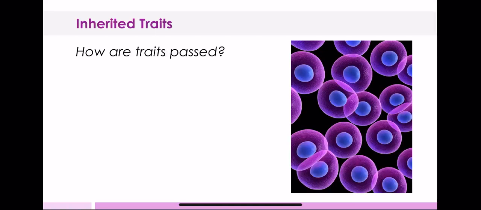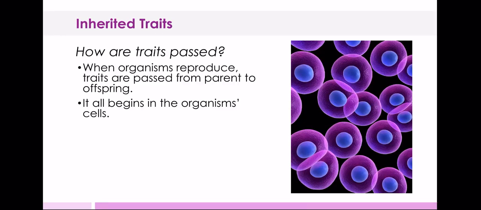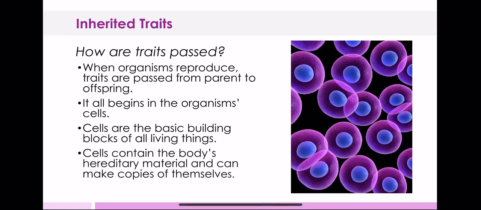All right, so how are traits passed? How do we inherit traits? When organisms reproduce, the traits are passed from parent to offspring. It all begins in an organism's cells. Cells are the basic building blocks of all living things, and cells contain the body's heredity material and can make copies of themselves.